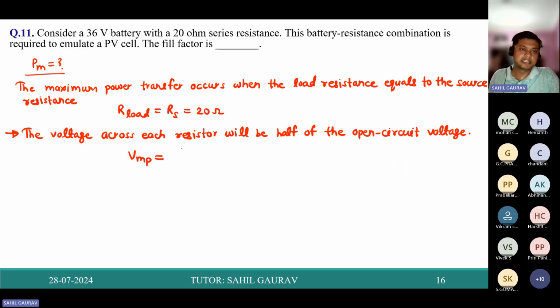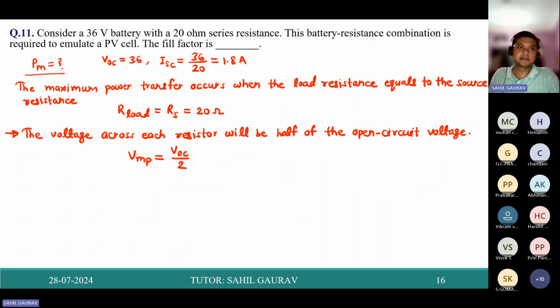Therefore, VMP equals open circuit voltage upon 2. Based on this data, the open circuit voltage is 36 volt, and if the battery is short circuited, the short circuit current will be 36 volt upon 20 ohm, which gives 1.8 ampere. We got this from the data provided in the problem, that is battery voltage and its series resistance.